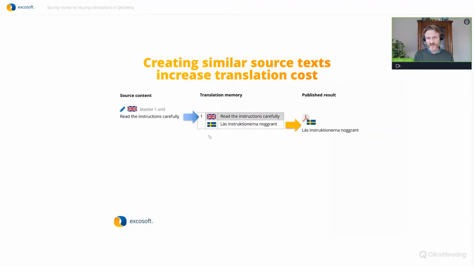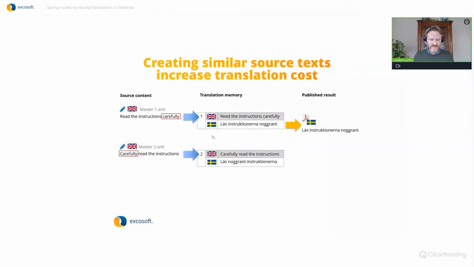Let's say half a year, one year later, we create a new file. And within this British English source file, we write something similar to the first file. In this case, the word carefully. So it's spelled a little bit differently. But when creating this additional file, maybe it's another user, another technical writer who creates this file, they might not be aware that a similar source text has already been written in another file.